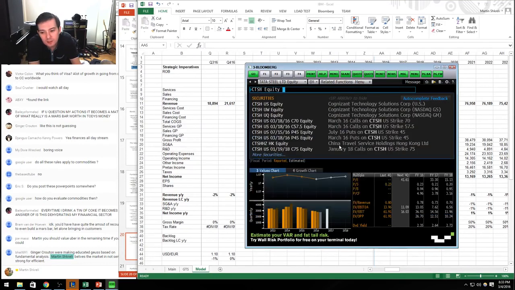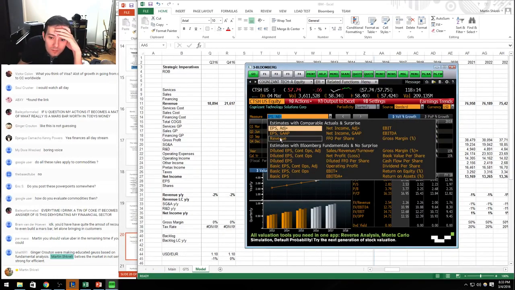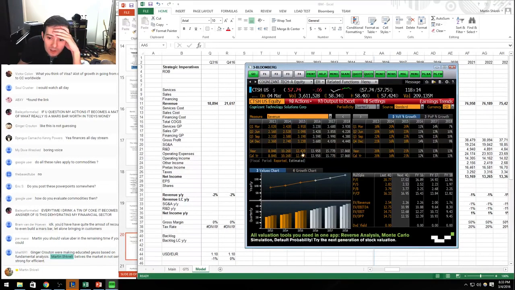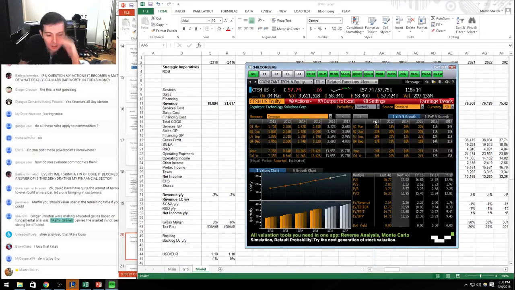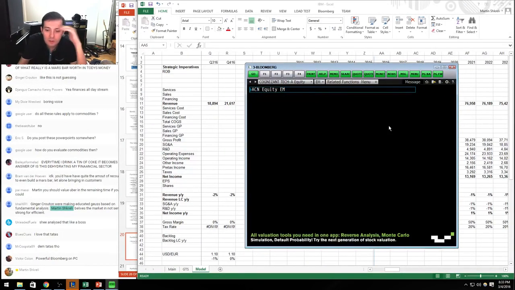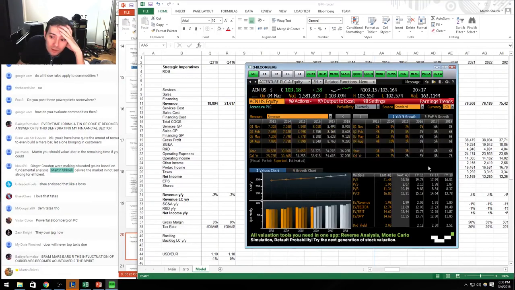Cognizant is a big competitor of theirs. Cognizant's growing. Cognizant's doing fine. Cognizant's kicking butt. How about Accenture? Accenture's not really growing much, but they're growing a little bit.